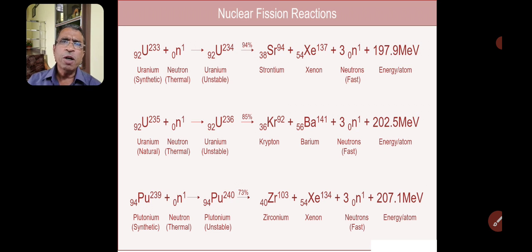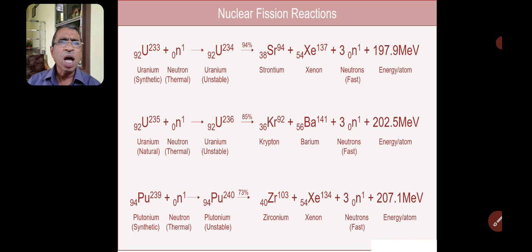As I have told you, uranium-92-235, when it is bombarded with a thermal neutron, that means a slow neutron whose speed is less, turns into uranium-92-236, which is unstable. 85% of it turns into barium-56-141 and krypton-36-92, giving 3 neutrons.